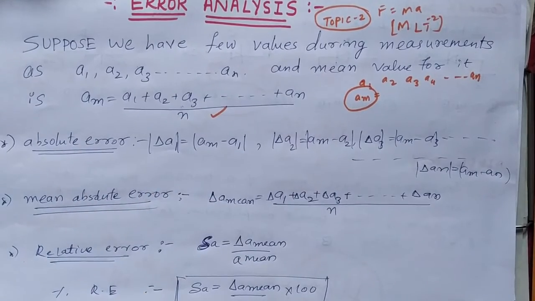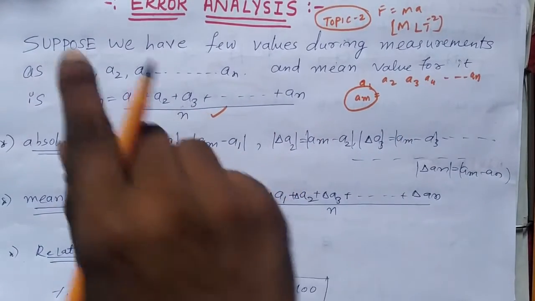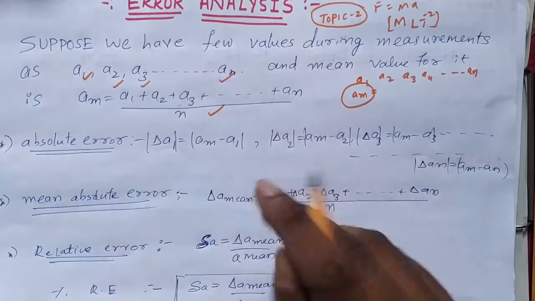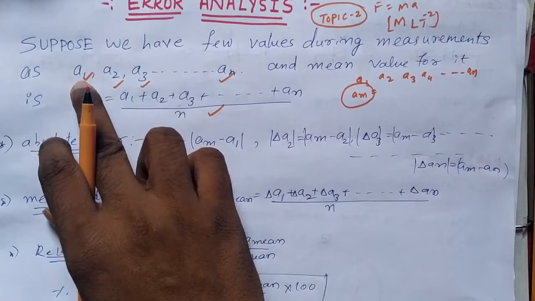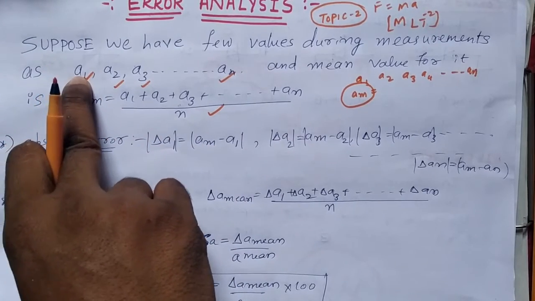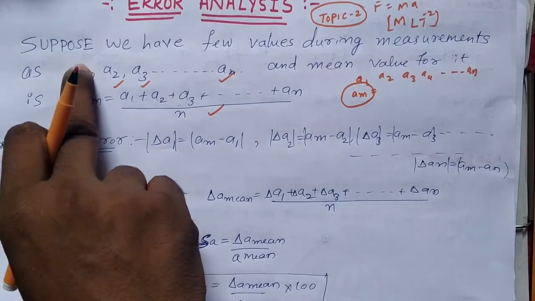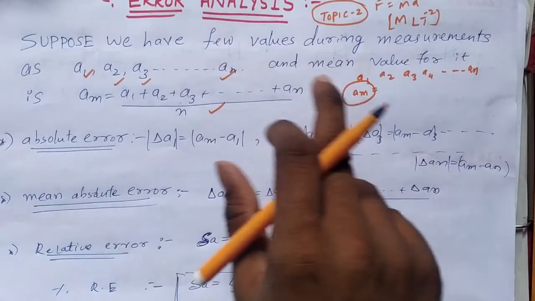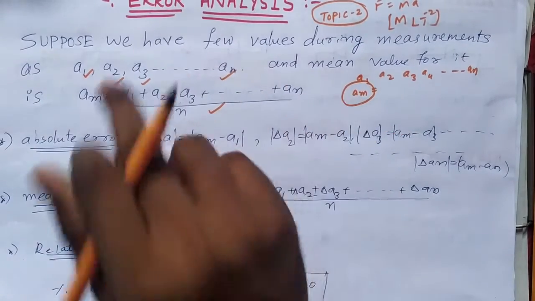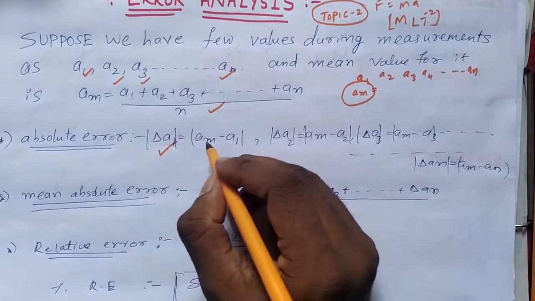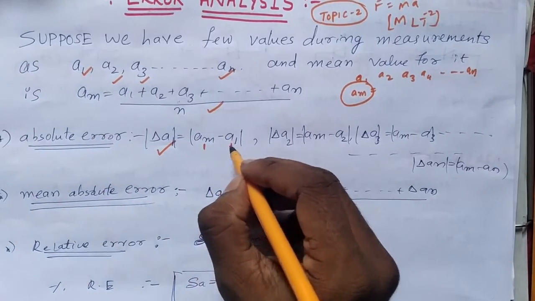Next, absolute error. Absolute error can be calculated for each of the values. For example, if I am calculating absolute error for a1, I have to take the difference between a1 and the mean value. Delta a1 is the absolute error for a1, so I take the mean value minus a1.